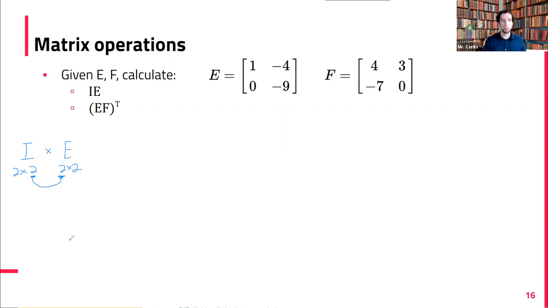Okay, while I'm writing this, I want you guys to think and try to guess what you think the result will be if we take an identity matrix times E. Sorry, not the size. Size is the 2 by 2. What will the final matrix look like after we do this multiplication? A 2 by 2 matrix. Okay, so that's the size, but what about the contents?